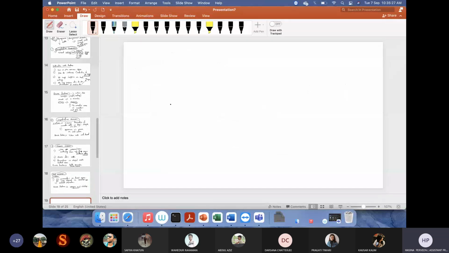Another is fibroid necrosis. So, what is fibroid necrosis and where?